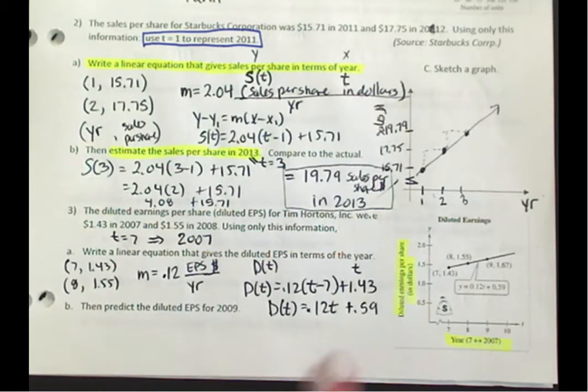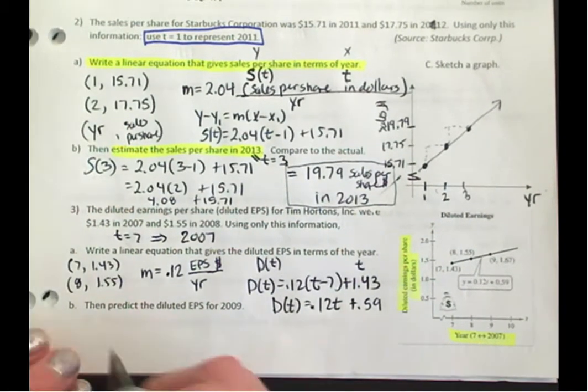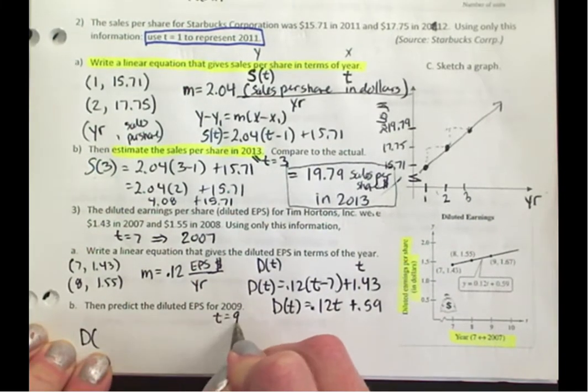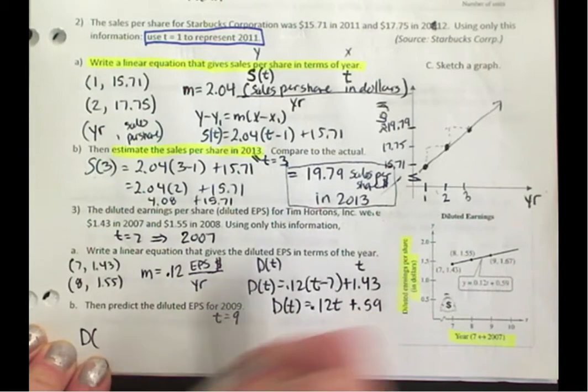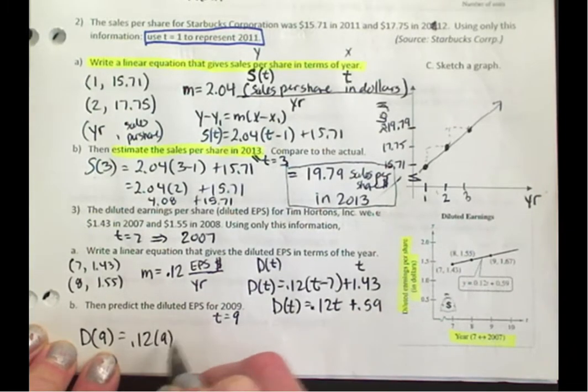You could see the y-intercept and you can see the slope. What would you get if you predicted 2009? Well that would be 9, following the trend. Plug in 9. 0.12 times 9.